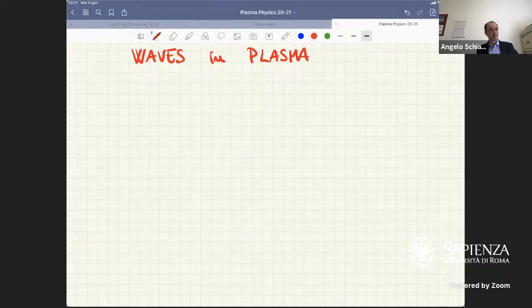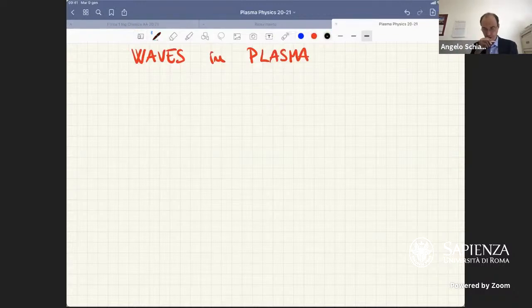We've seen the dispersion relation and the properties of the waves. Now we want to see how we can get to a dispersion relation for waves in a plasma. So we concentrate at the beginning on the notation of the wave.